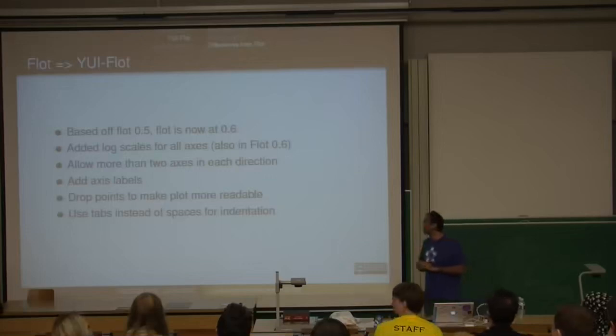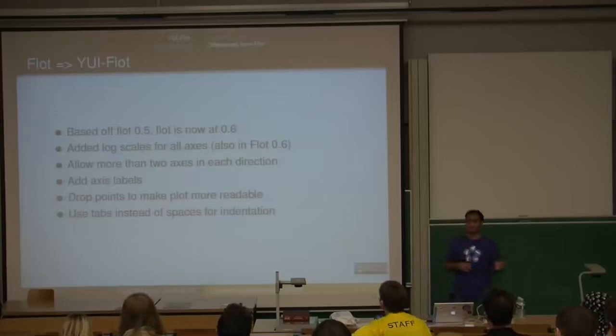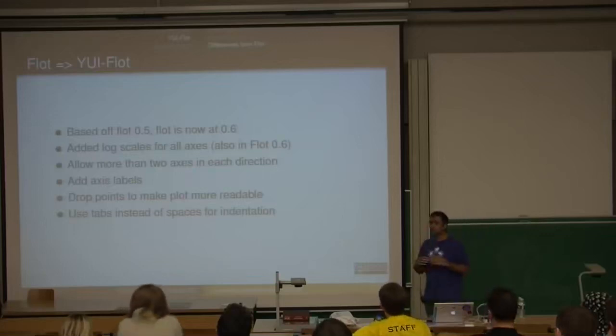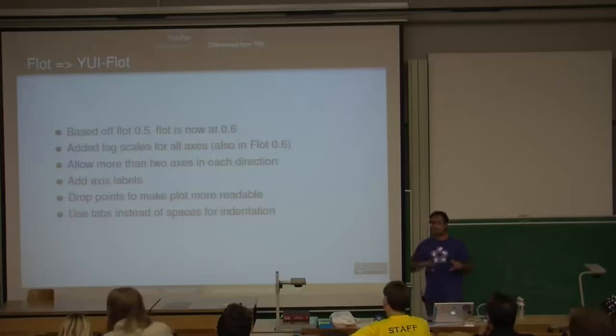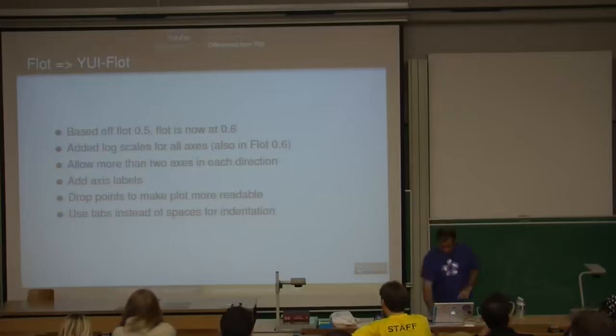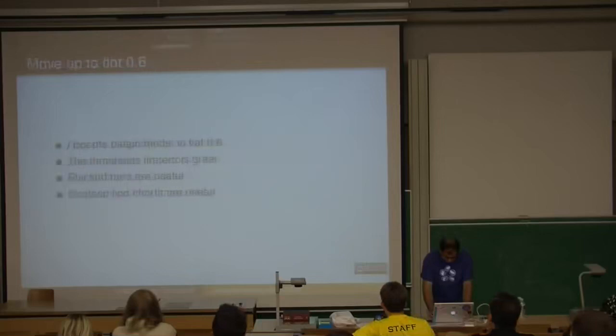Another cool thing I added was axis labels. I did not add this myself. Well, I added the code myself, but it's based on something I saw in someone else's implementation of Flot, where labels itself is just putting your numbers below the axis and on the left of the y-axis. But you also have an axis label which just says, okay, this axis is about this data right at the bottom.